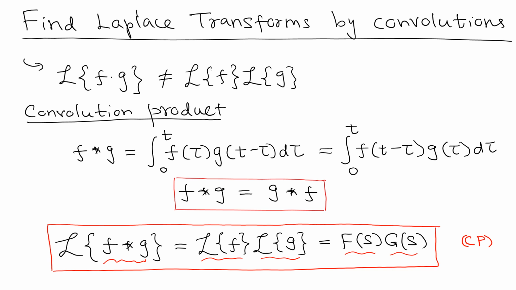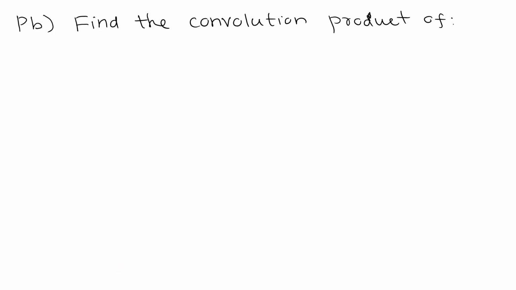Okay, let's look at some examples now. Before we do the actual problems, let's evaluate a few convolutions. Let's look at the first one: the convolution product between 1 and t. Using the definition, we write the integral from 0 to t of 1 times, for the second function t, we put t minus tau.